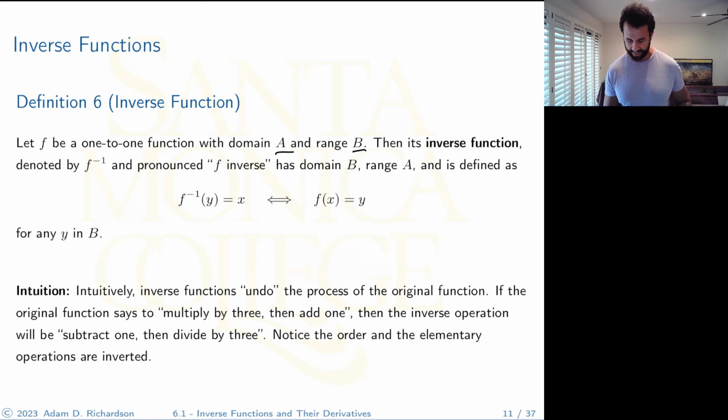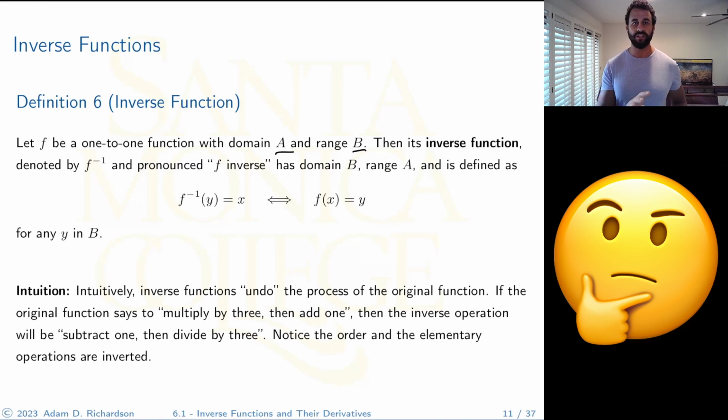What we're saying is that f(x) = y if and only if f inverse of y = x, for any y in B. Okay, so what I want you to do for just a moment here is ponder this, read this definition, and think about it for a minute, and then we'll make it more intuitive in a moment.